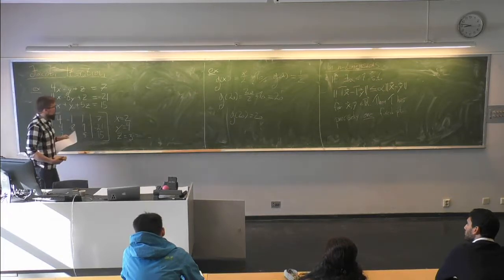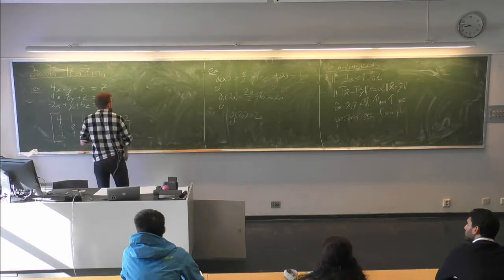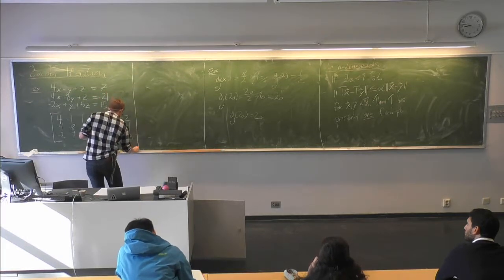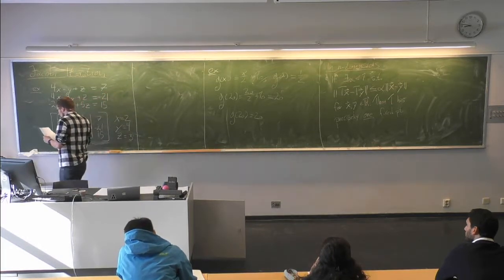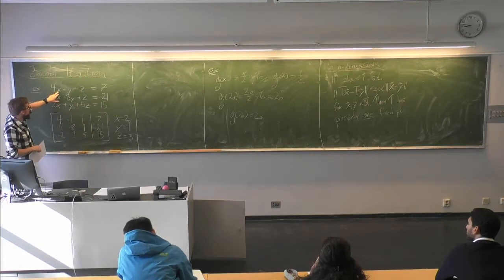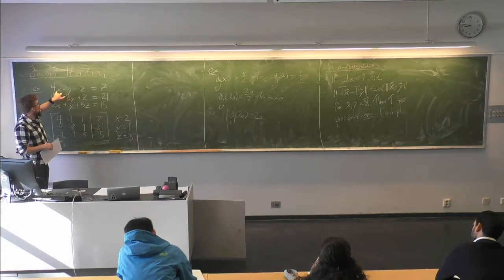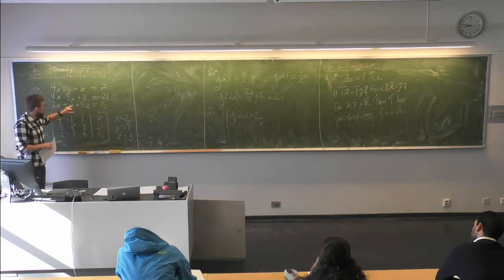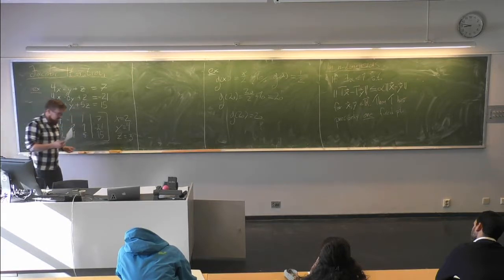Okay, so what's the gist of this Jacobi method? Well, we can rewrite this system of equations to express x in terms of y and z, y in terms of x and z, and z in terms of x and y. How will this look?